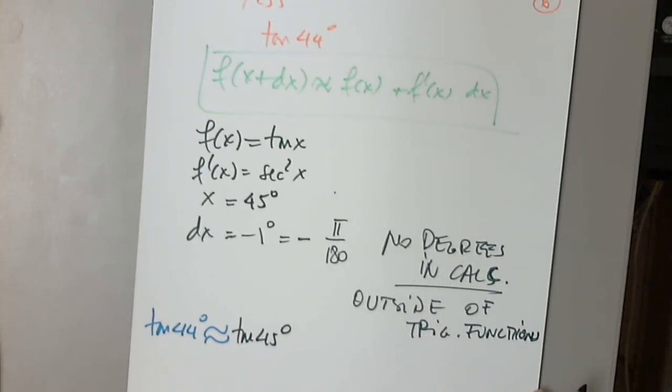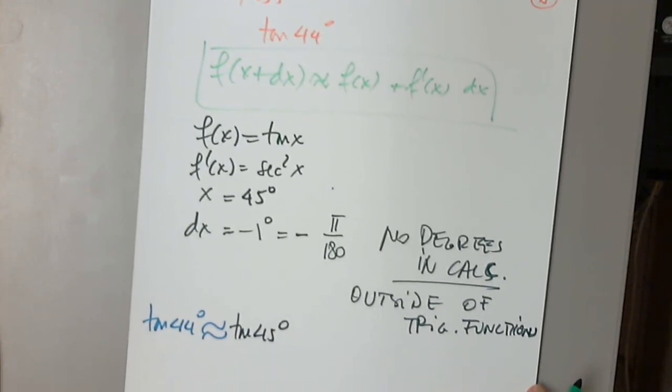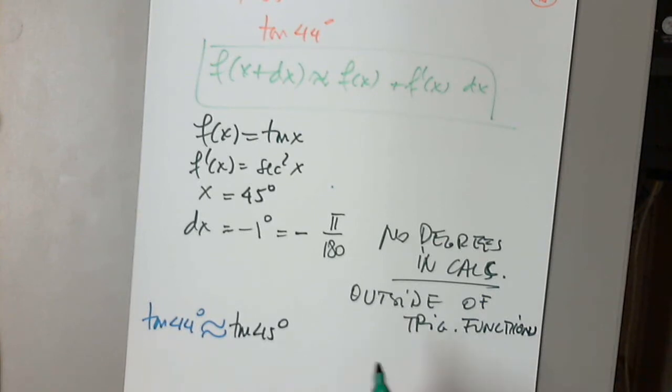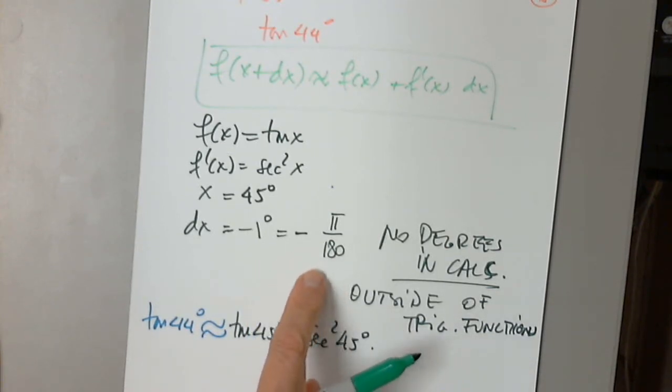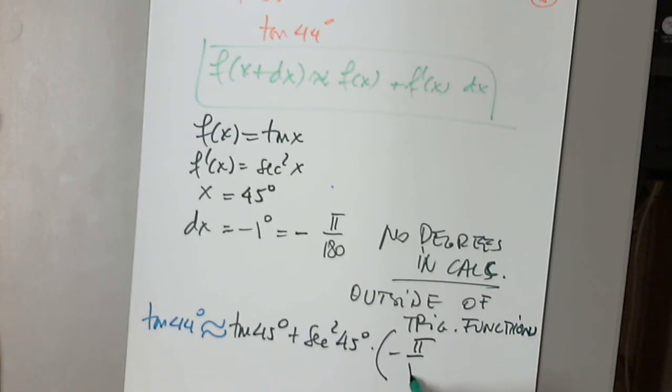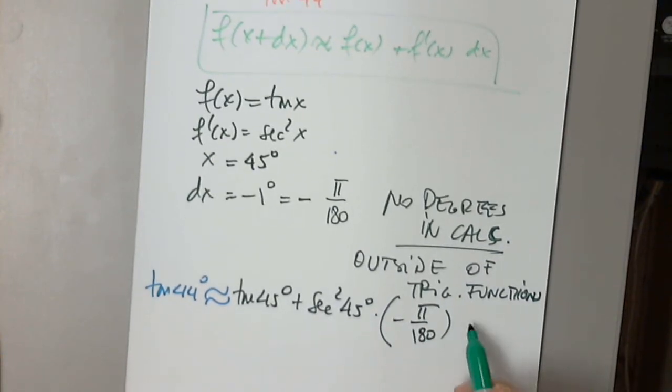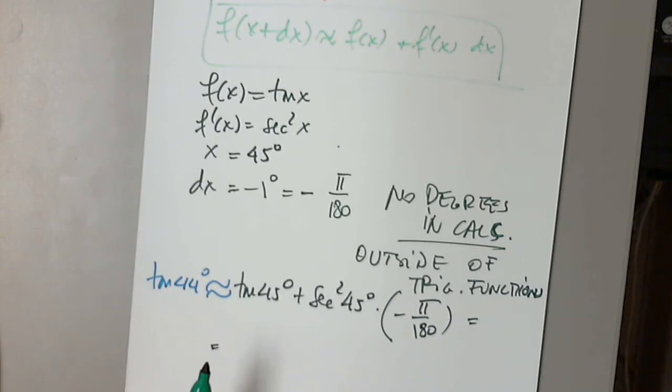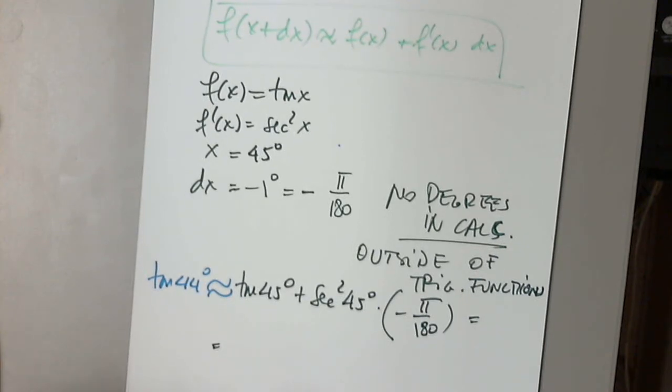Then secant squared of 45 times negative pi over 180. Anyone remembers tangent of 45? It's the only one that has sine and cosine the same. So it's 1 plus.